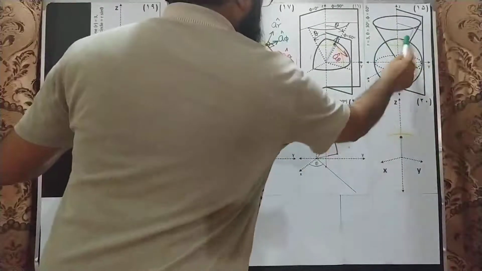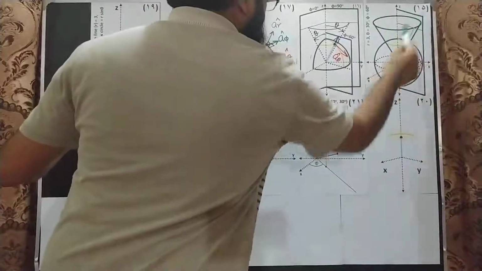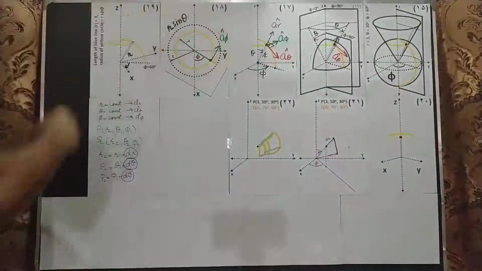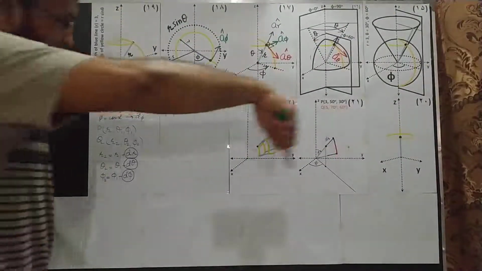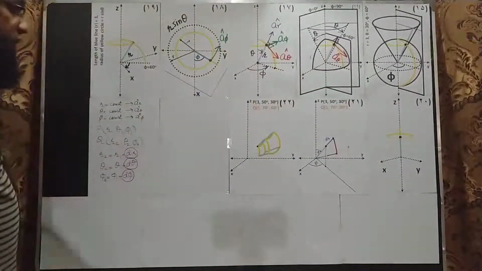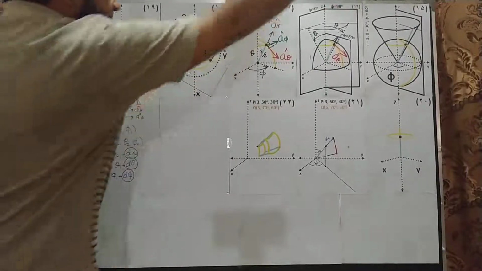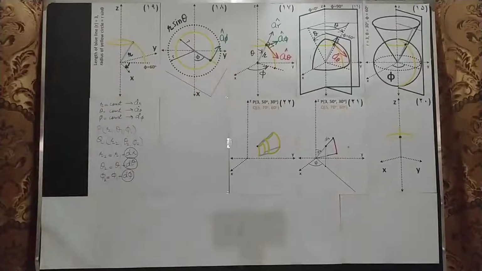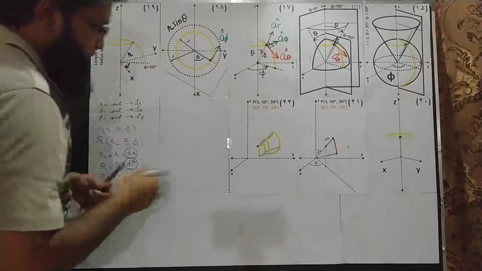So r equals constant, theta equals constant, gives us these yellow latitudinal curves. Moving along the latitudinal curves, or if we see it from the top, gives this yellow circle.